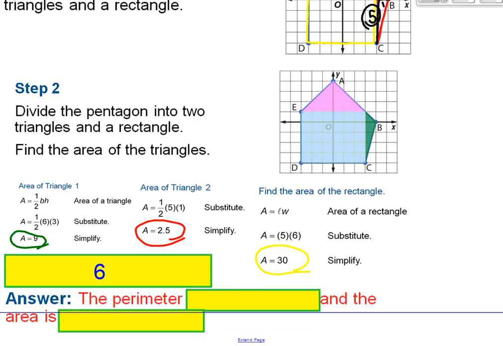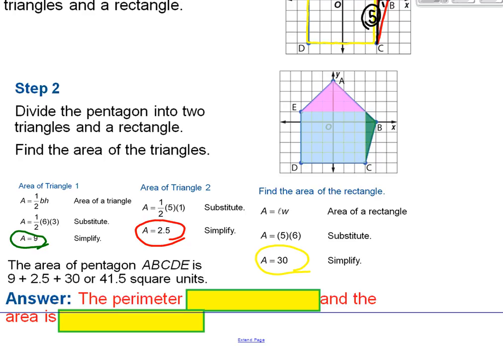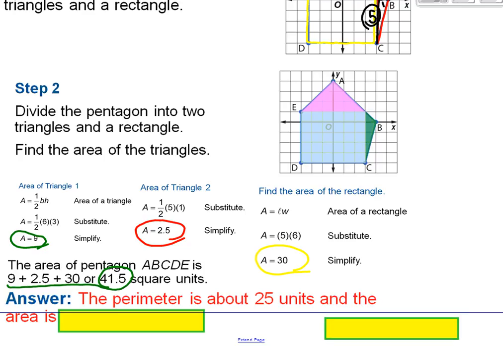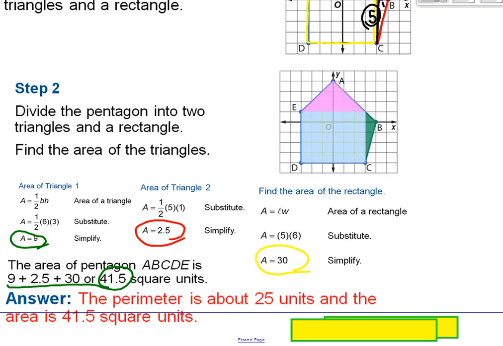Now, we were to find the area of the whole pentagon, and so we're going to add those answers, and we get 41.5 square units. So the perimeter is about 25 units. The area is 41.5 square units.